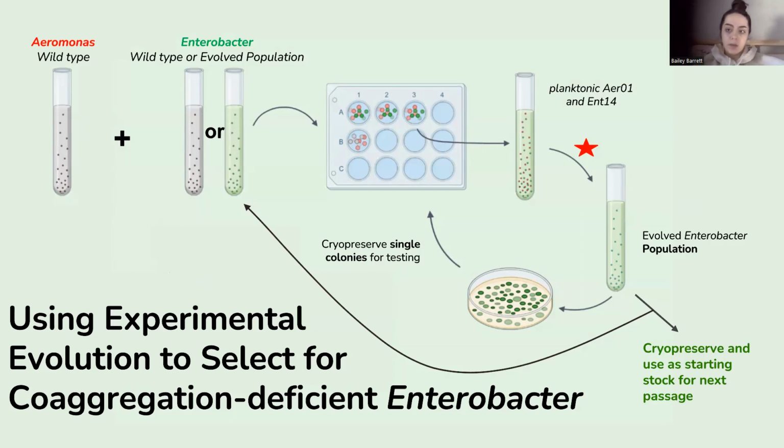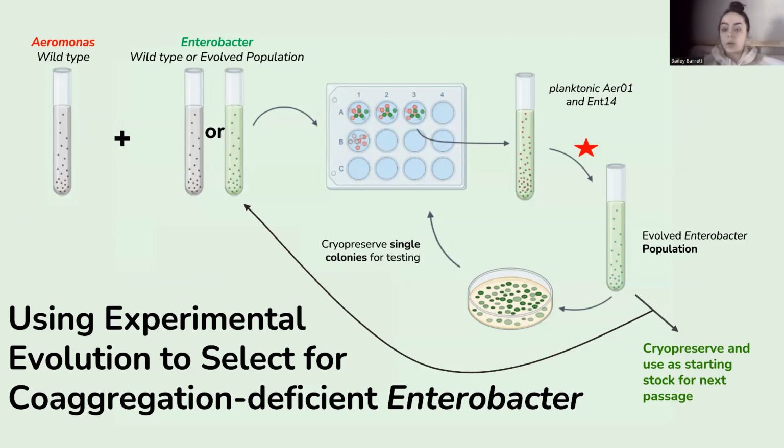performed an experimental evolution, paired with a co-aggregation assay. Aeromonas and Enterobacter are added to wells and given the opportunity to aggregate. After they've formed those clumps, planktonic bacteria are pipetted off of the top of the well and cryopreserved, and then those bacteria are used for the next generation.